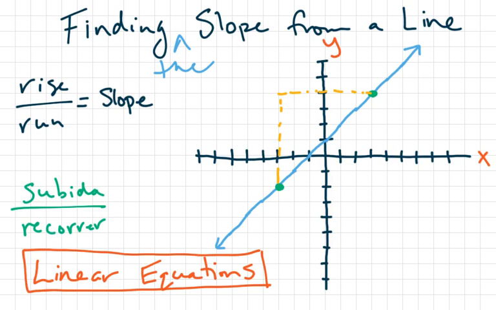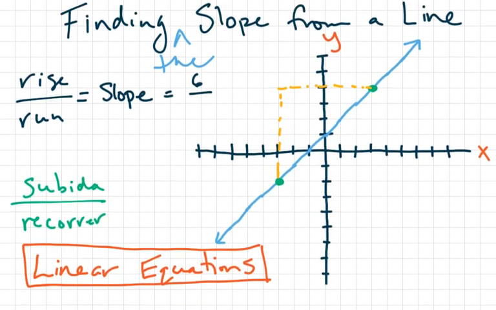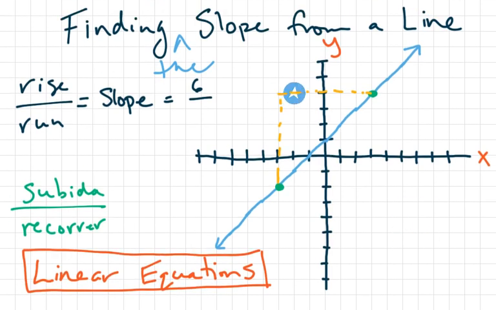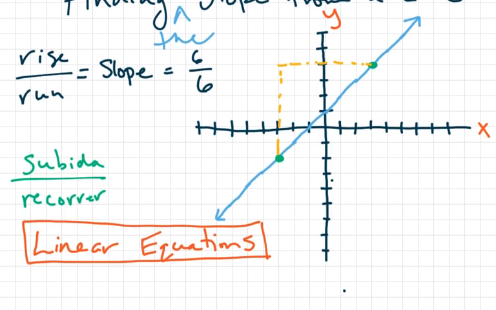So the rise equals 6, and the run, starting here, is 1, 2, 3, 4, 5, 6. So actually this has a slope of 1. 6 over 6 is the same thing as 1.